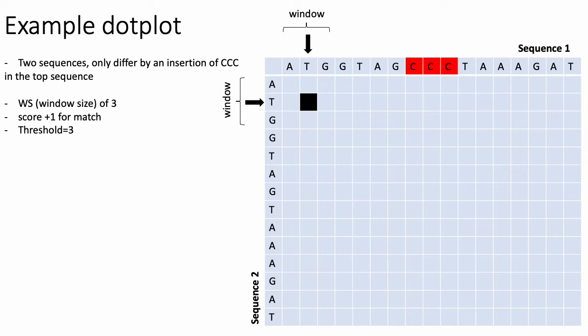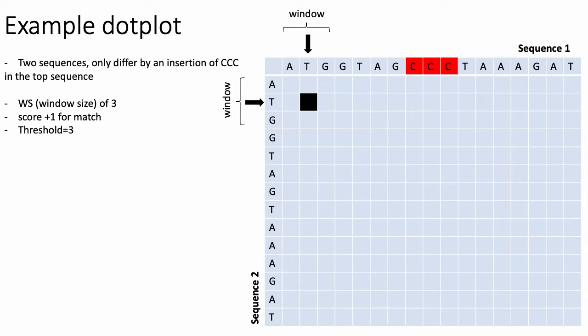And so when you draw a dot plot, you have to decide 3 different parameters. The first parameter is the window size, which says: given that I'm looking at, for example, the column that's pointed to by the arrow, how big of a window around that column do I want to consider as my local sequence?